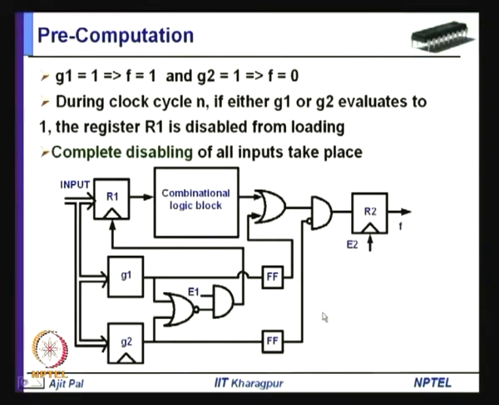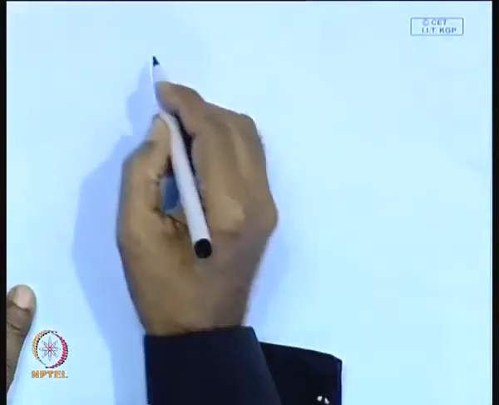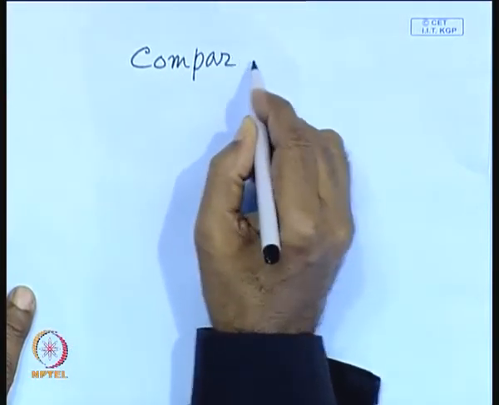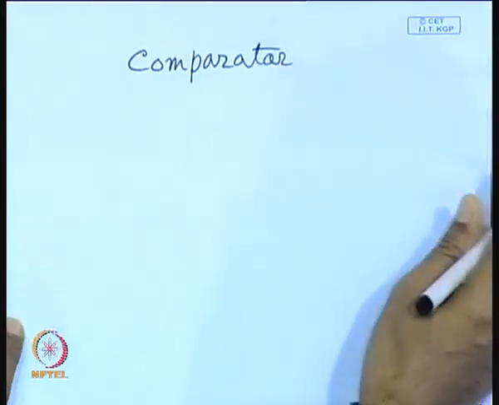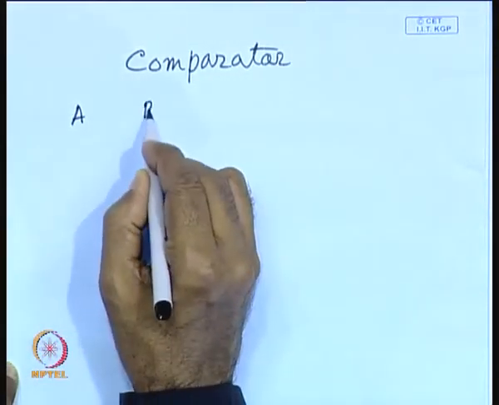Now, this particular precomputation can be illustrated with the help of a simple, very simple but interesting example. You are familiar with the function of a comparator. You are performing comparison of two numbers a and b.